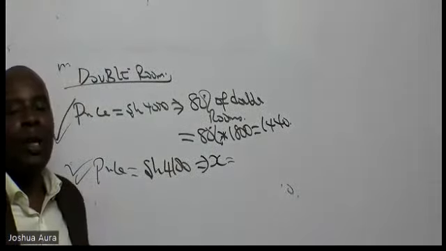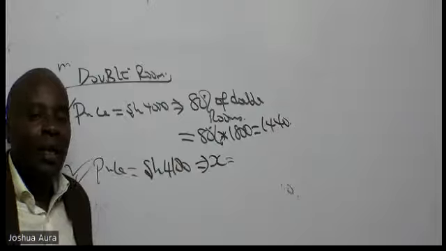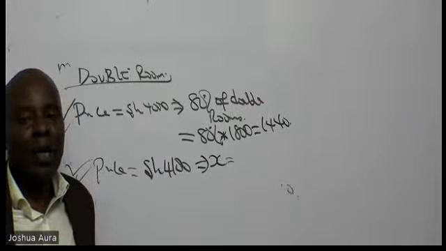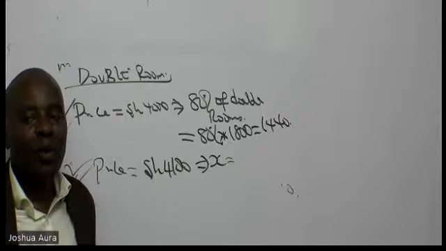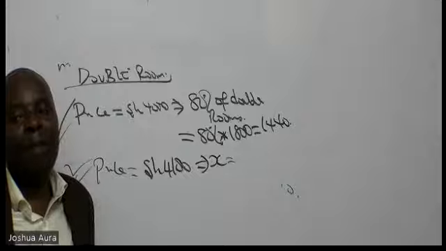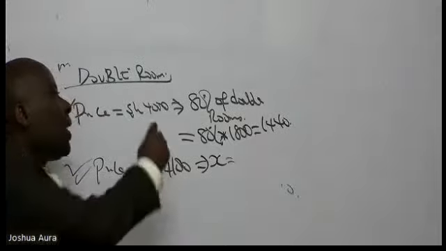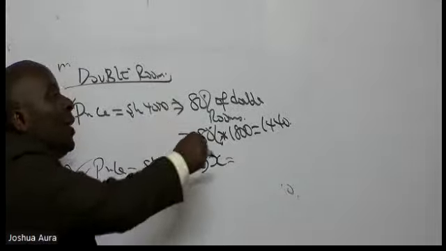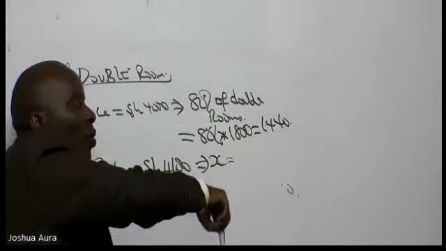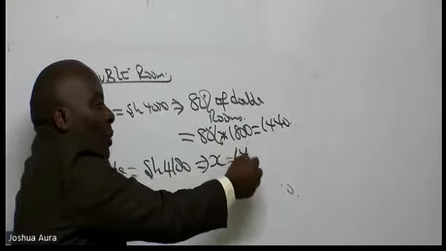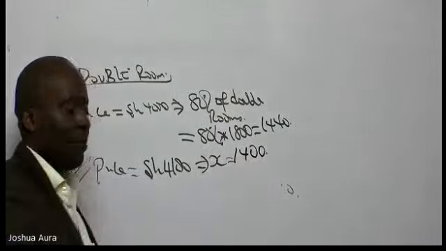When I increase the price by 100, demand goes down by 40. So I take 4,000 plus 100, and the quantity consumed now will go down. So here we'll talk of 1,440 minus 40, which gives me how much? 1,400.